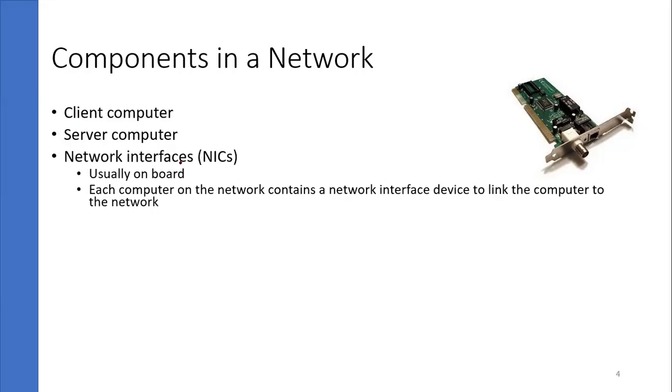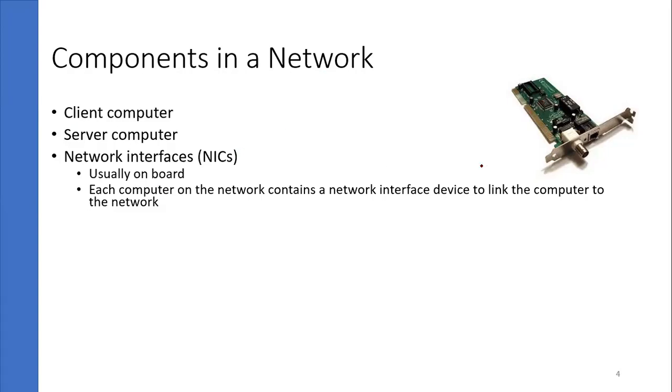Next, network interfaces or network interface cards. This is one example of a network interface card, usually on board. What's the meaning of this on board? Sometimes you might have heard this word on board. On board means it's inbuilt to your motherboard. So you don't want to have a separate physical device to connect with the internet if you have an on board NIC.